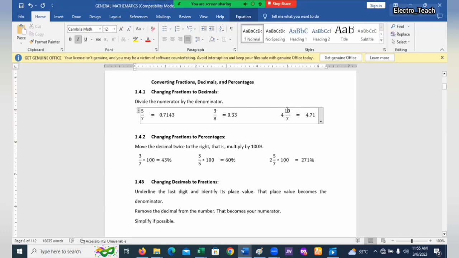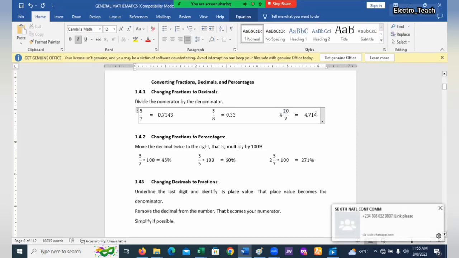That 3 remainder, you bring down, making 30. How many times can you find 7 in 30? 4 times. You put 4 down. Then that will be 7 times 4, 28, so there will be remainder 2 out of 30. You now turn it to 20 again. How many times can you find 7 in 20? You can find it 2 times, and that will be 14.